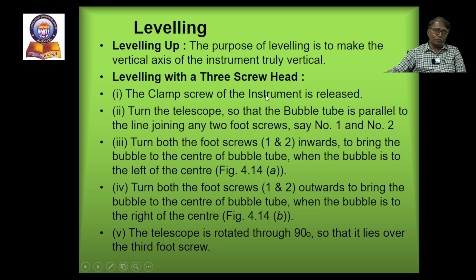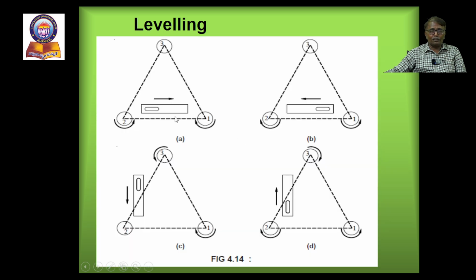The clamp screw of the instrument is released. Then turn the telescope so that the bubble tube is parallel to the line joining any 2 foot screws, like this, foot screws 1 and 2. Then rotate these 2 screws simultaneously, both inwards.